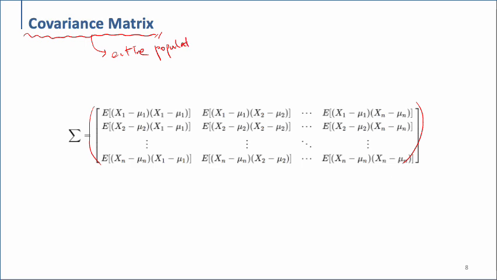The diagonal components are the variances, and for the n different variables, the off-diagonal components are just covariances. So by calculating all the variances and covariances, you can construct a covariance matrix.